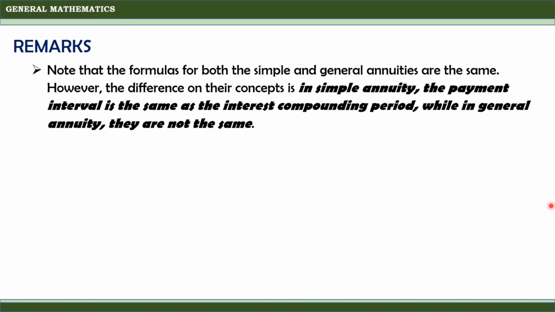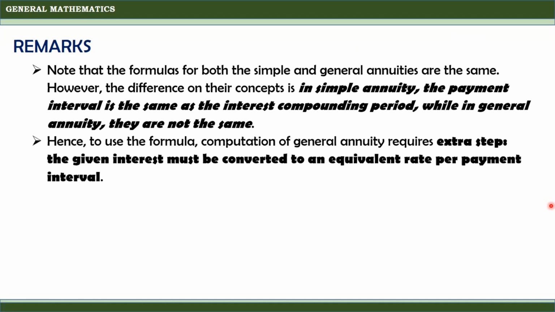However, the difference on their concepts is in simple annuity, the payment interval is the same as the interest compounding period, while in general annuity, they are not the same. Therefore, to use the formula for the present value, computation of general annuity requires an extra step, which is to convert the given interest to an equivalent rate per payment interval.